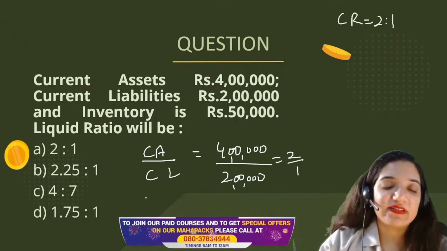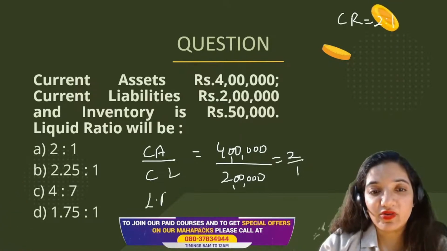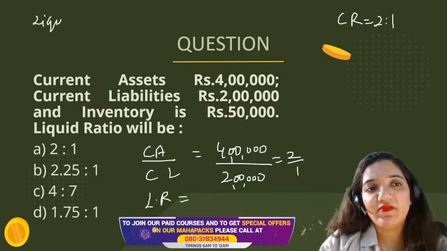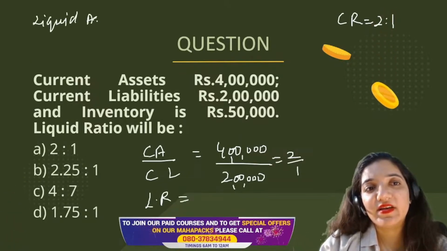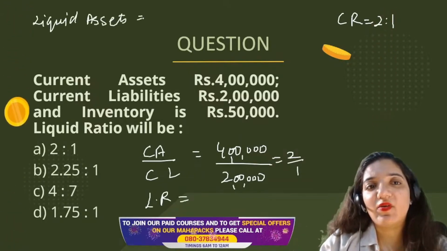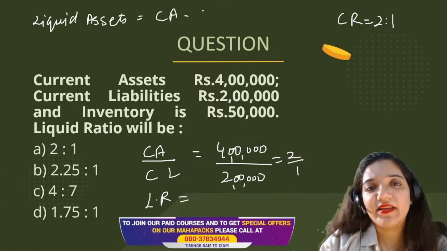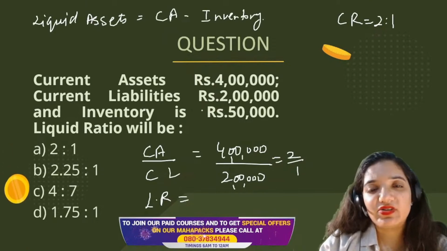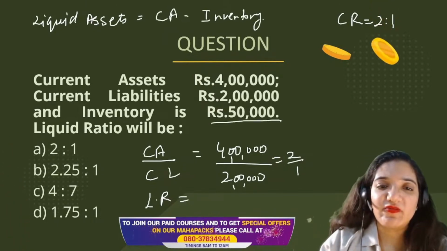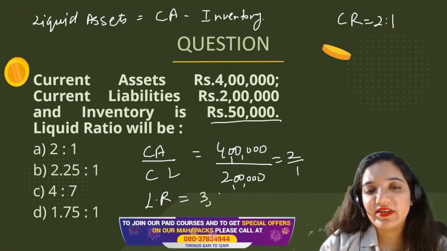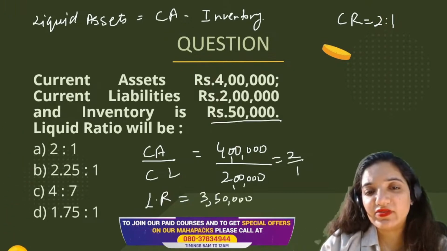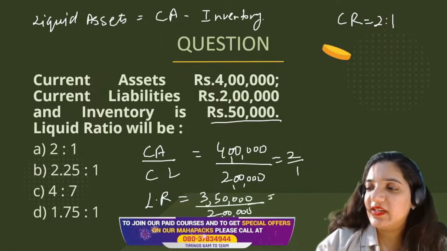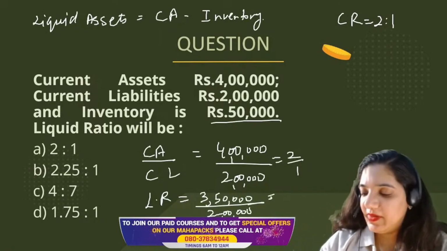Now they are also asking you about what is the liquid ratio. Under liquid ratio, we have liquid assets. What is the formula for liquid assets, everyone? In the liquid assets, we take all the current assets minus our inventory. Inventory is of 50,000 rupees. So from 4 lakh, remove that 50, it is 3,50,000 divided by 2 lakh.